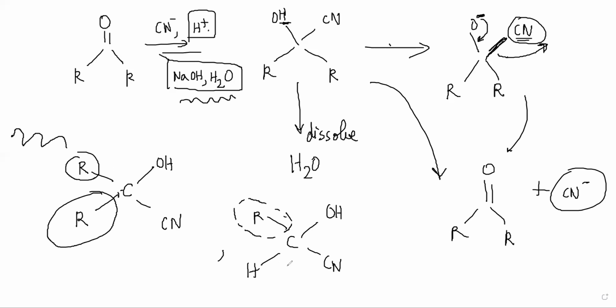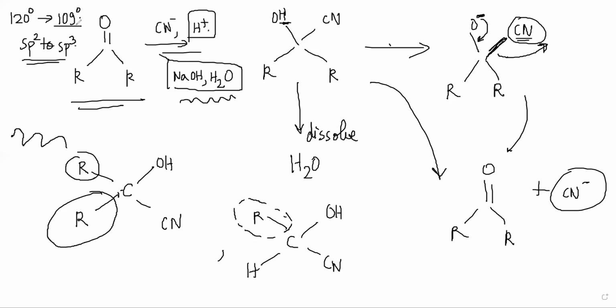So think about it. When you do the reaction from ketone to this, you are going from sp2 to sp3. So actually bond angles are decreasing near the carbon. Central bond angles are decreasing from 120 to 109 degrees.